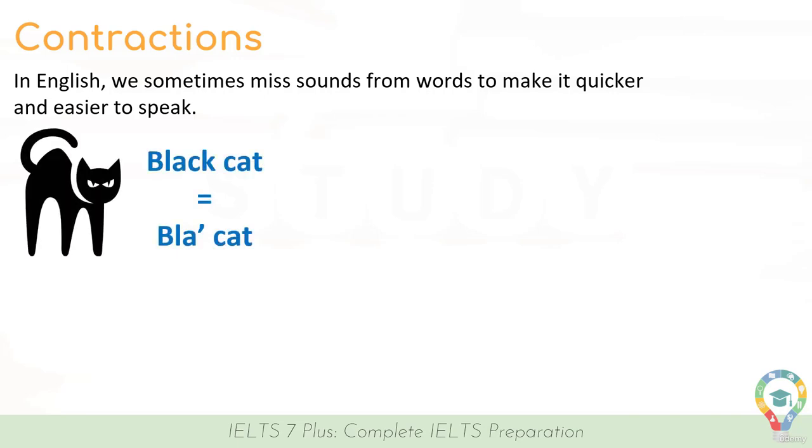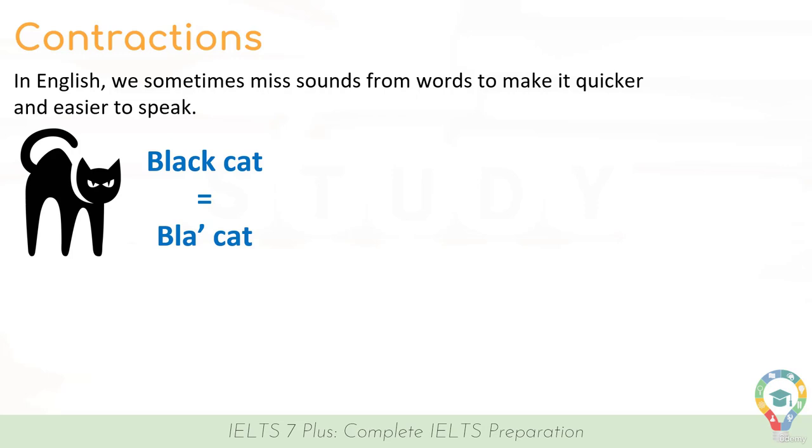Black cat has two common consonant sounds with the k at the end of black and k at the start of cat. It would be difficult to fully pronounce all the sounds in these words, black cat. So instead, we take away one of the common sounds. Here I've shown you from the end of black. It turns into black cat. Notice that I didn't include the k sound for black.